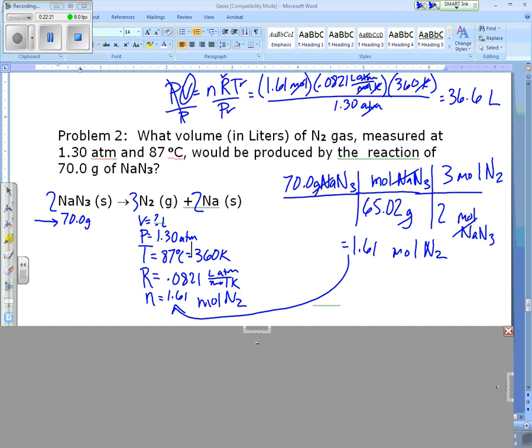It's an ideal gas law problem. You just have to find the moles of N2 first using stoichiometry. That's it. Do not try and use 22.4 liters per mole on a problem that is not at STP. Okay, because that conversion factor is only at STP. This is not too much harder. All right, the next problem is for you guys.